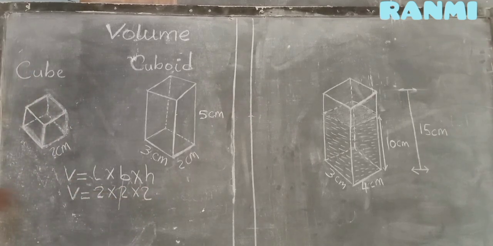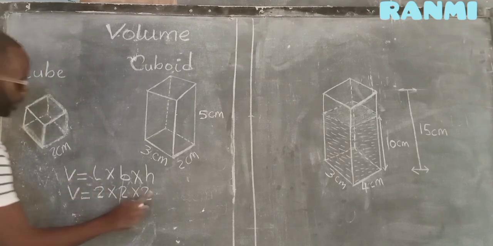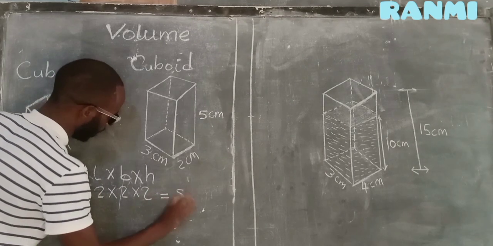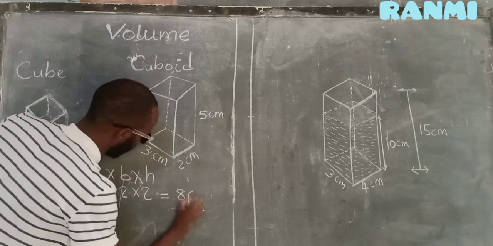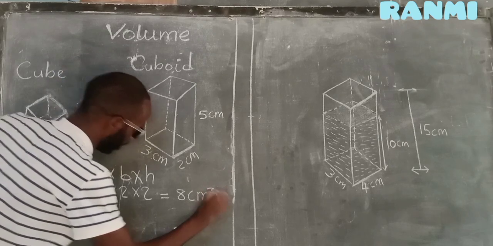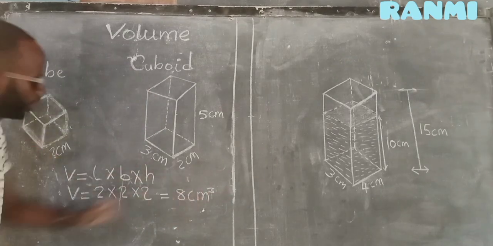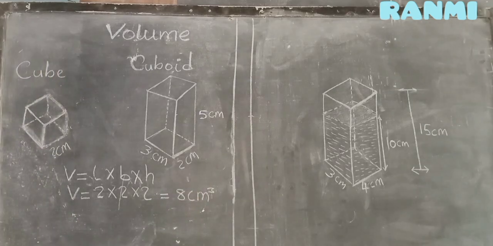Let us simplify. 2 times 2, we get 4. And 4 times 2, we get 8. We are using centimeters, so we write centimeter. And volume is 3-dimensional, so we put a 3. The answer is 8 centimeter cubic.